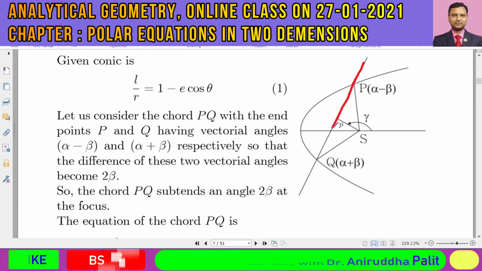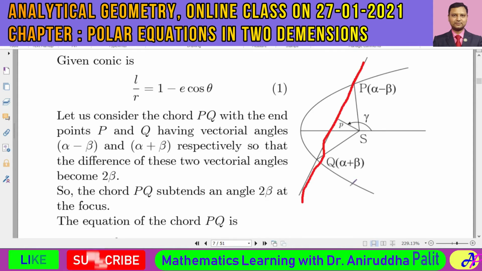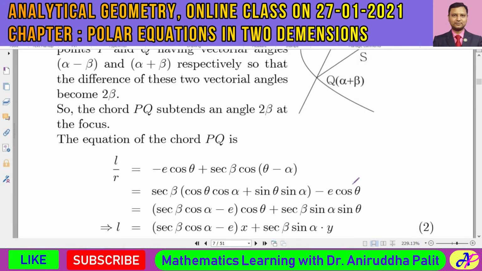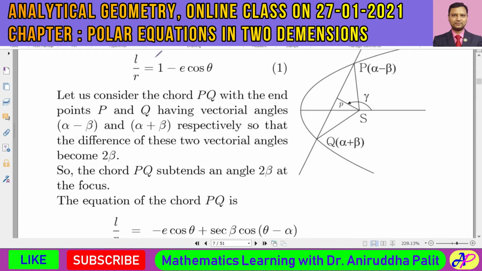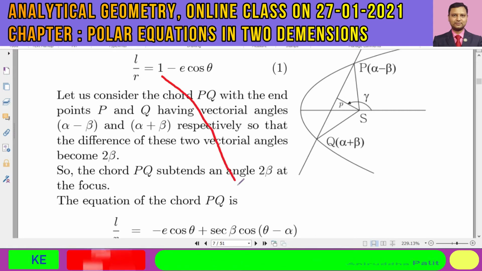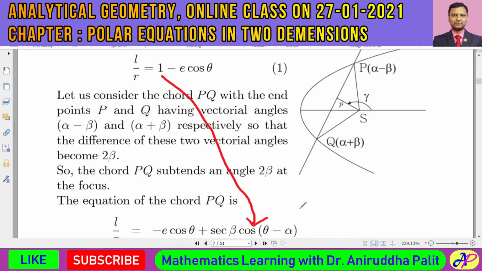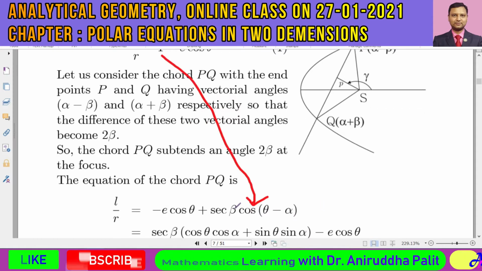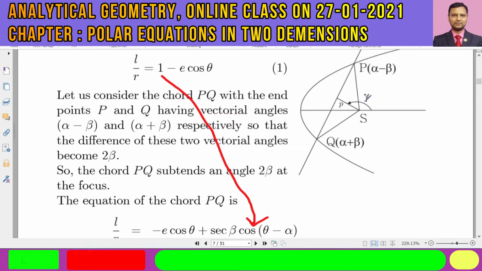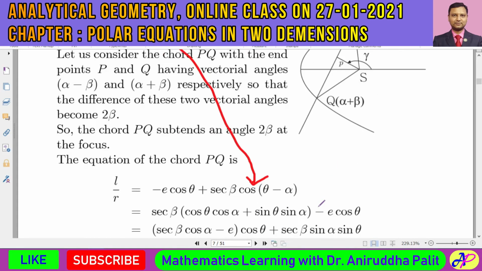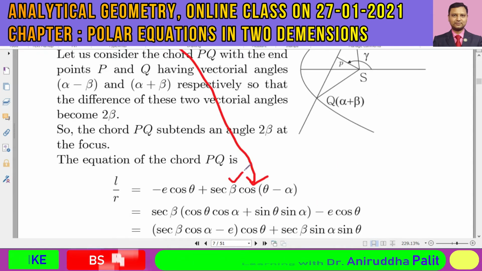Chord PQ can be computed by a standard formula, in this way. You see over here, l/r is to be replaced by this kind of expression: sec of the difference by 2, sec of the difference by 2. Over here the total difference of the vectorial angles is 2β, therefore β is the difference by 2 of the vectorial angles.